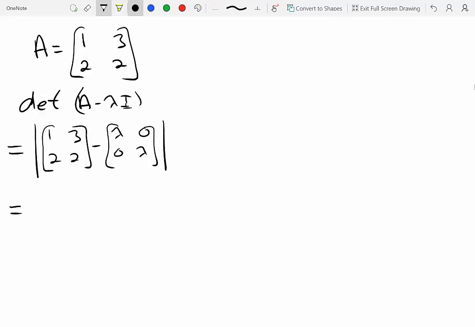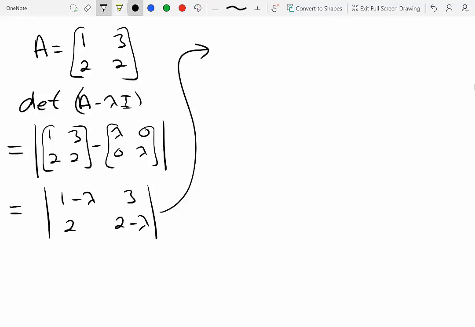And I would do that inside there first, so that would be 1 minus lambda, 3, 2, and 2 minus lambda. And that is something that's easy to calculate.